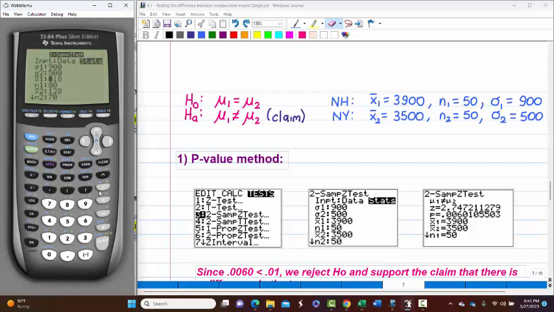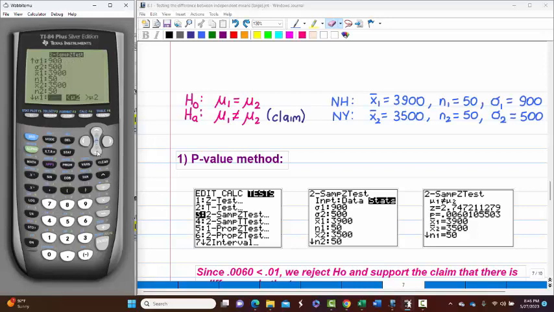First mean is 3,900. First n is 50. Second mean is 3,500. N2 is 50.